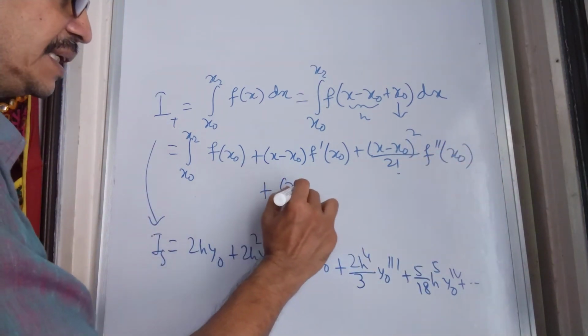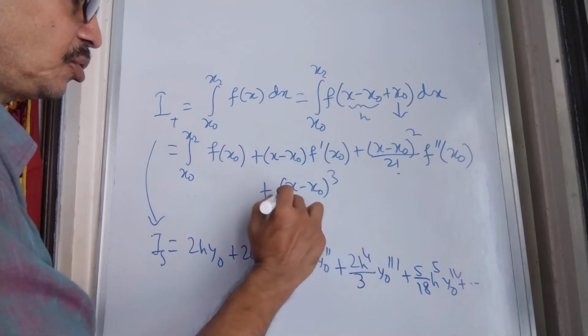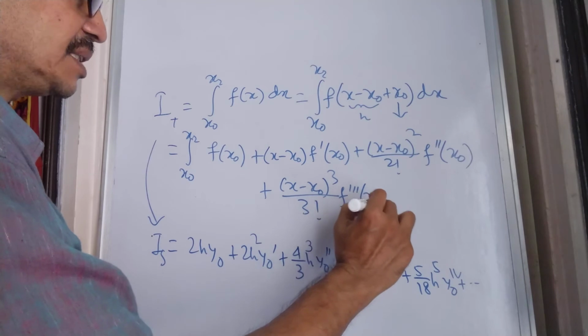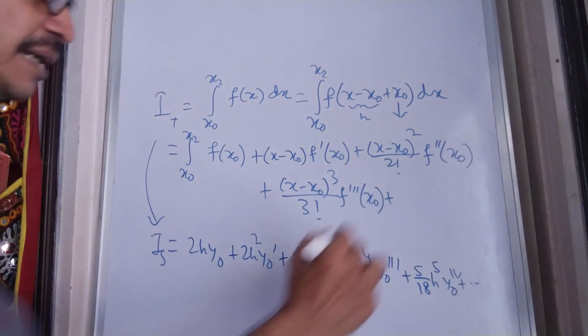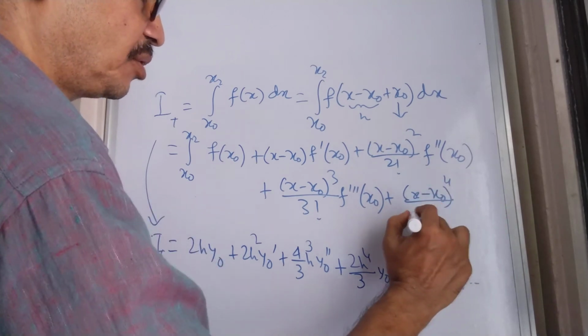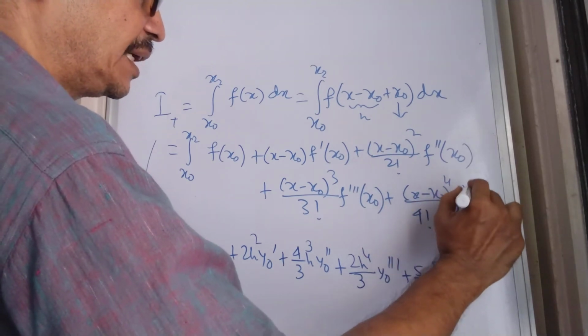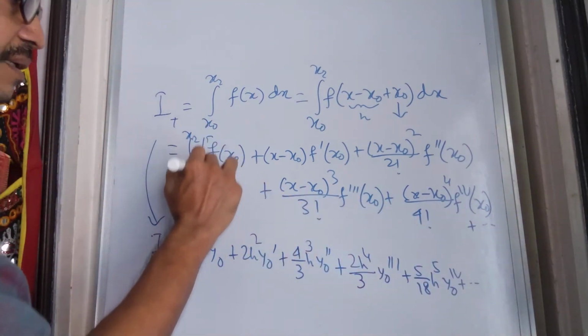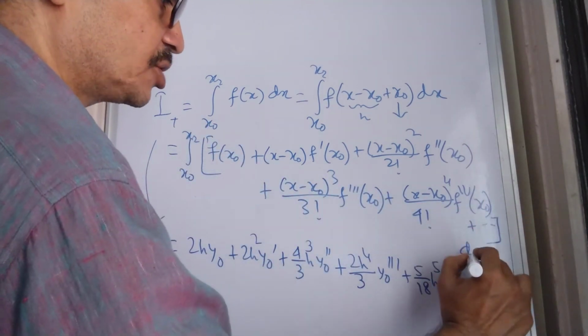Then we have (x minus x0) whole cube by factorial 3 f triple prime x0. And then we have (x minus x0) whole to the power 4 by factorial 4 f4 x0, and not beyond that. The dx should be written here.